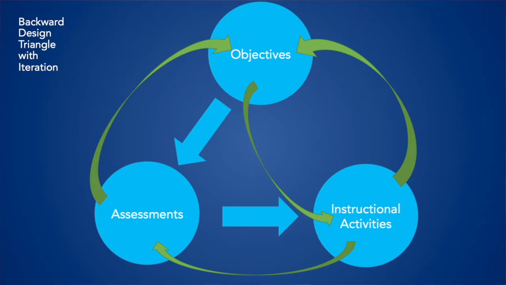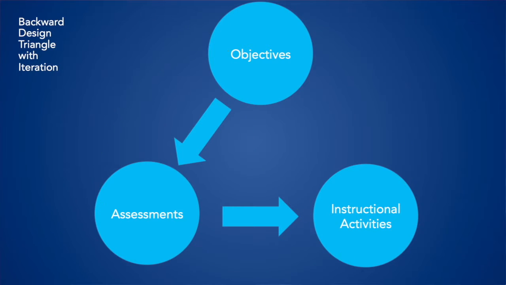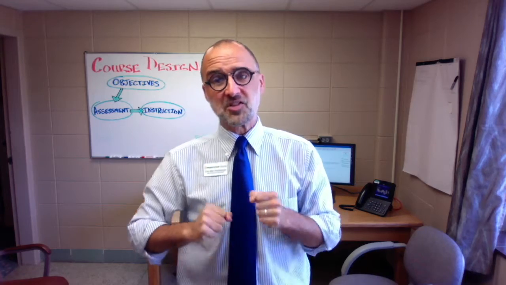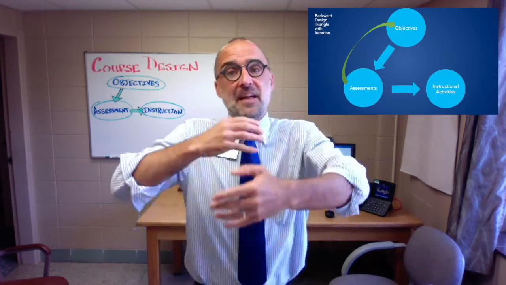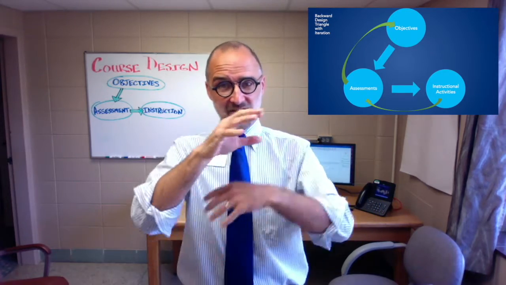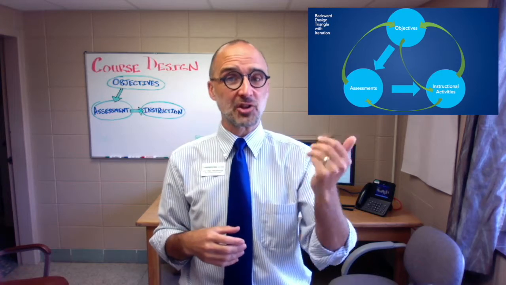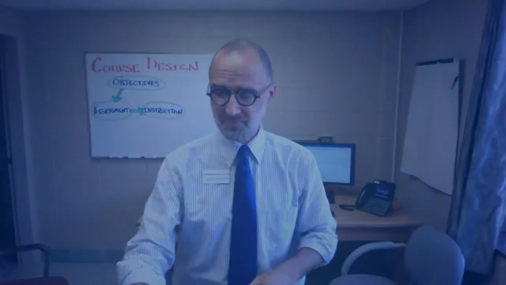All we're saying is that when you start, new course, new semester, whatever, if you treat the backward design triangle as your template, that can help you get going and stay focused on all of your educational objectives. Start with the objectives, then form assessments, then design your instructional activities, and then constantly iterate those things among each other as you deploy the course and as you see how things actually work with your students.